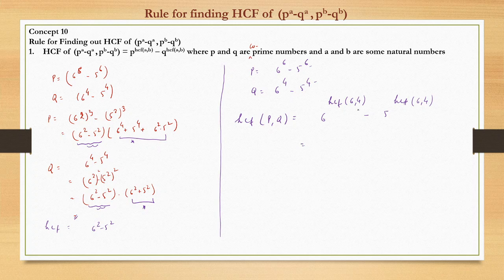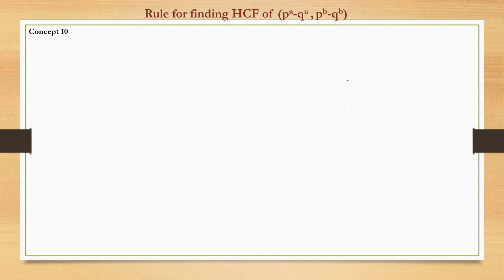So HCF of 6 and 4 is what? 2. So this becomes 6 square minus 5 square, same as what we got here. So this is a very standard relationship you can remember, which is very useful in getting the HCF of problems of this nature. Now we'll see some more illustrations on this similar concept.